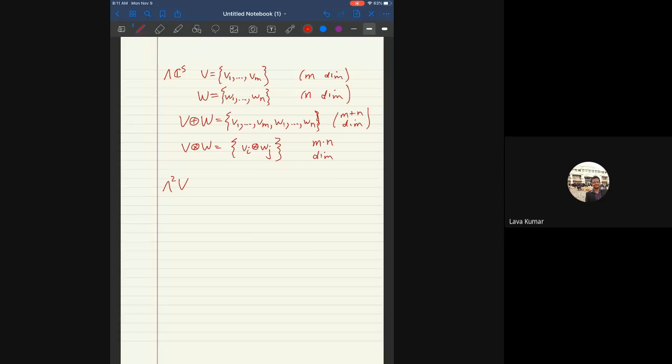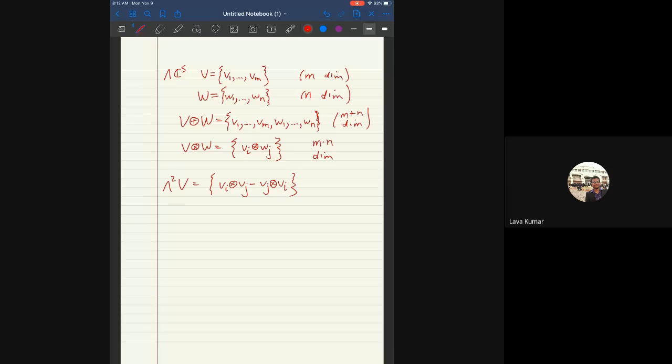Well, that's where I take basis elements of the form VI tensor VJ minus VJ tensor VI. Okay, so it's the vector space spanned by basis elements like that.